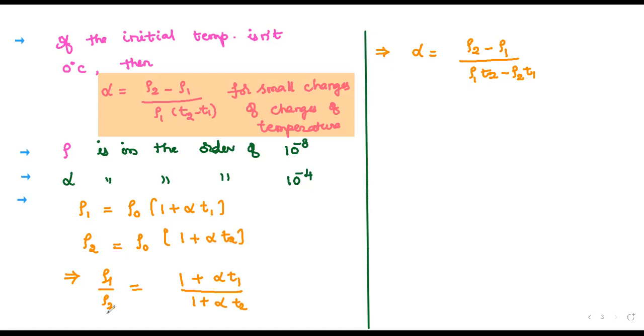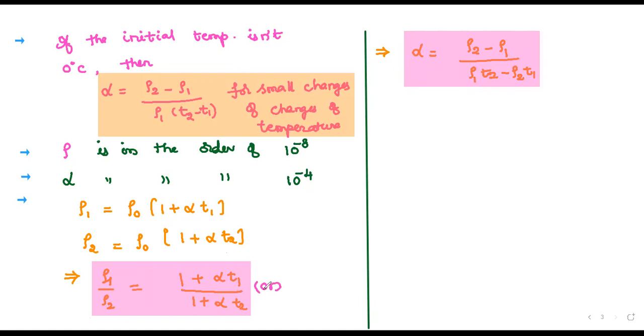By simplifying the above equation. So either you can remember the equation like alpha is equal to rho 2 minus rho 1 by rho 1 t2 minus rho 2 t1, or you can remember it like this: rho 1 by rho 2 is equal to 1 plus alpha t1 divided by 1 plus alpha t2. Any form you can remember for the numericals.